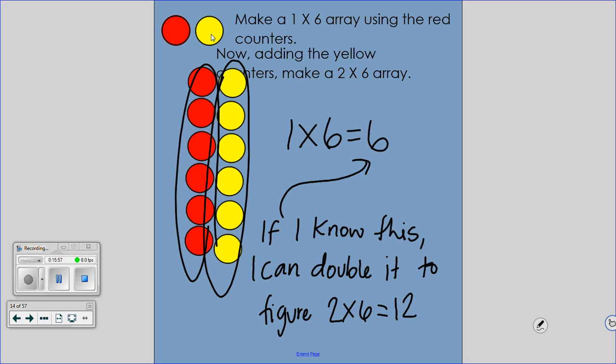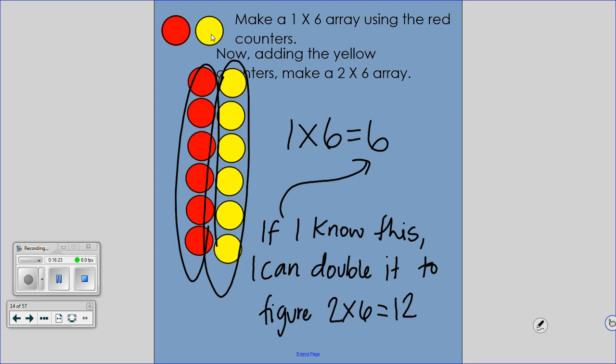What about 2 times 4 now? Double it. 2 times 4. 4 plus 4. Emily? 8. What if I gave you 1 times 7? Kaylee? 7. Now use that to figure out 2 times 7.